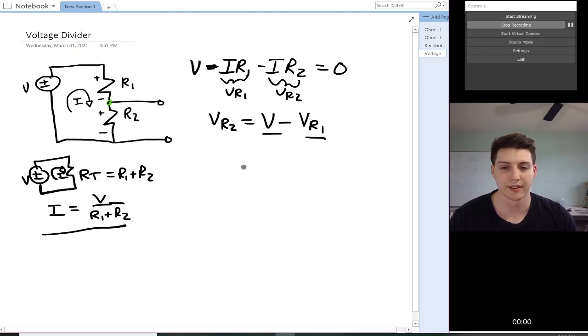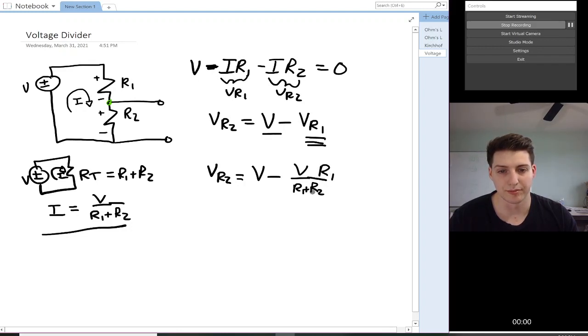And we're going to use that because we know that V_R1 is equal to I times R1. So now we can say V_R2 is equal to V minus V over R1 plus R2, and then we'll have times R1.